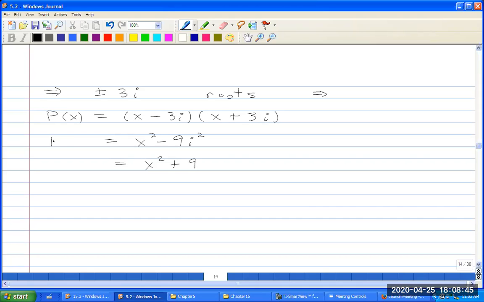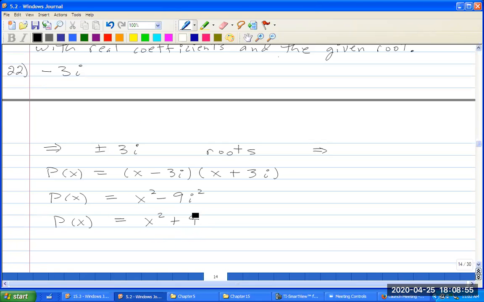And so my polynomial is just x squared plus 9. So you notice that negative 3i is indeed a root to this polynomial.